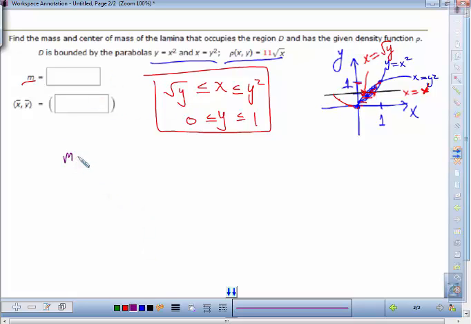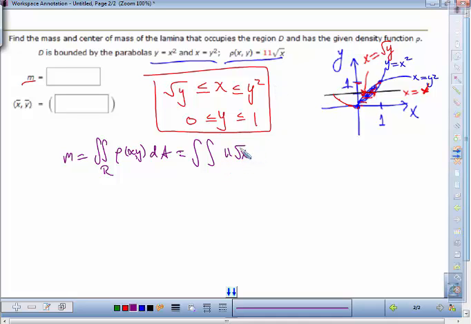M is equal to some double integral generically over the region of the rho function. Okay. So the working definition now, rho is equal to 11 square root of x.